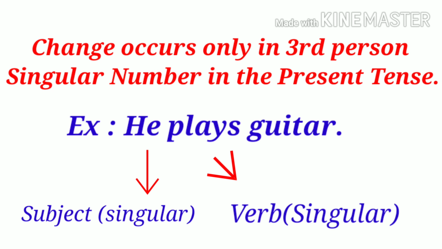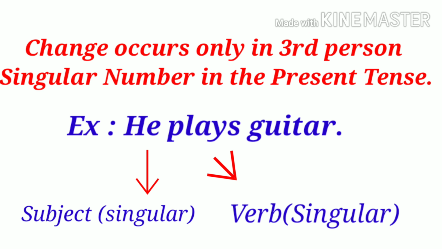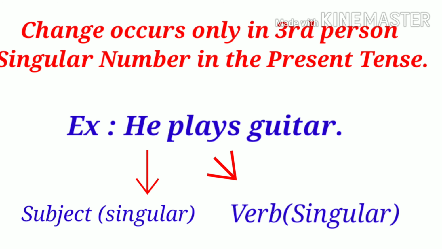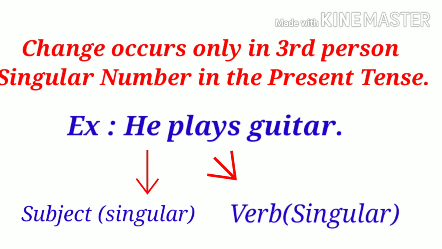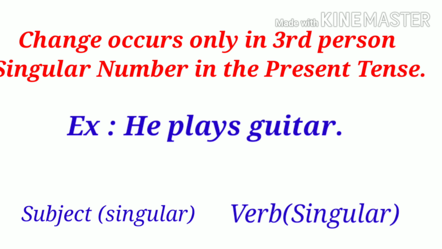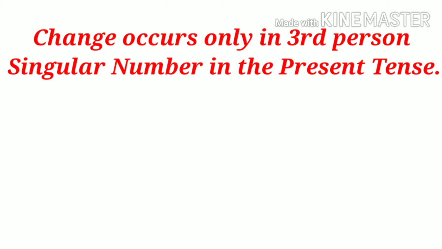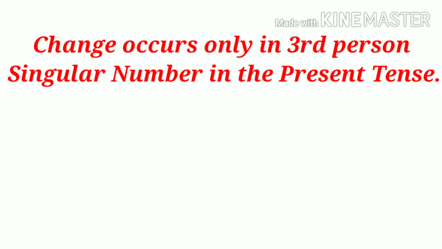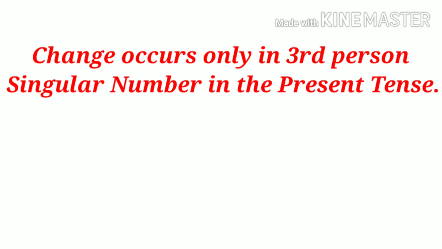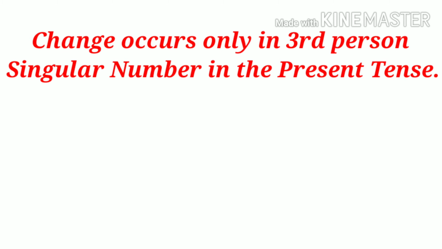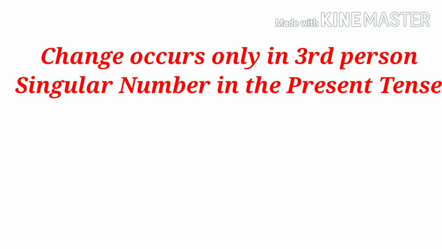So the verb that is agreeing with this subject he is plays, and plays is a singular verb, and this is what is known as subject verb agreement. Clear? From the discussion we have found that change occurs only in the third person singular number in the present tense. Clear? And this is what is known as subject verb agreement.